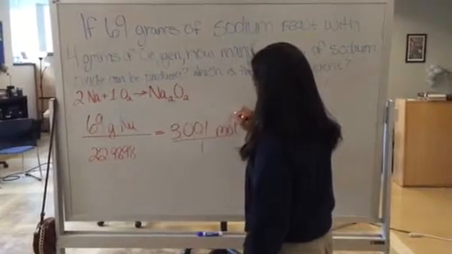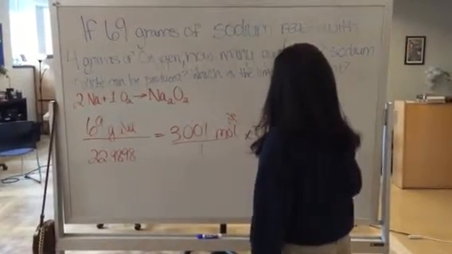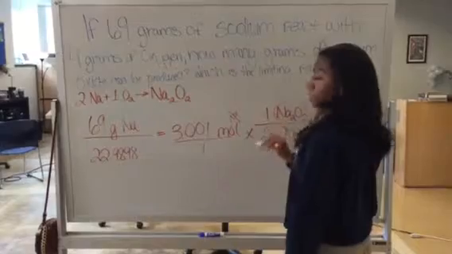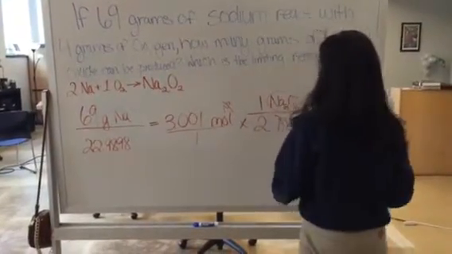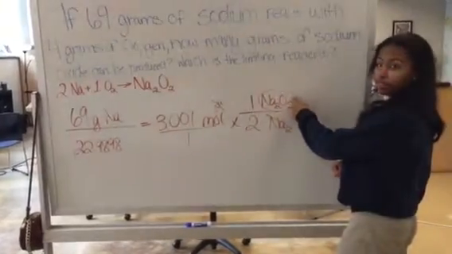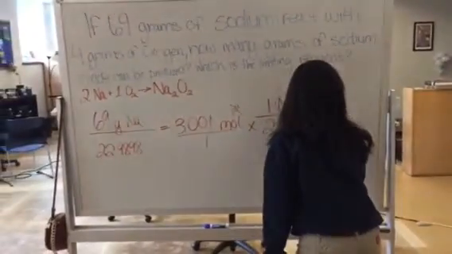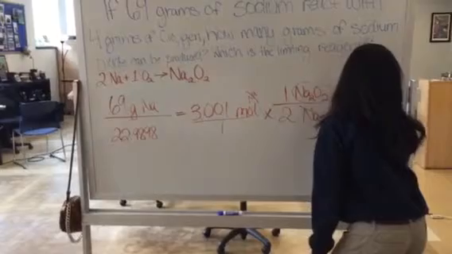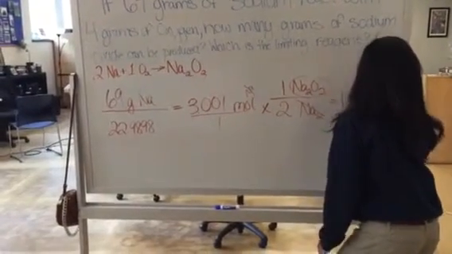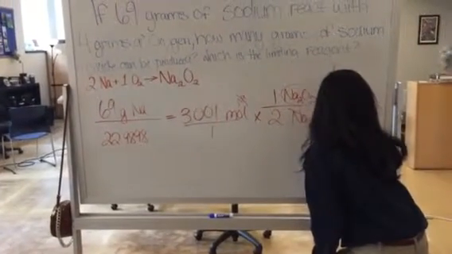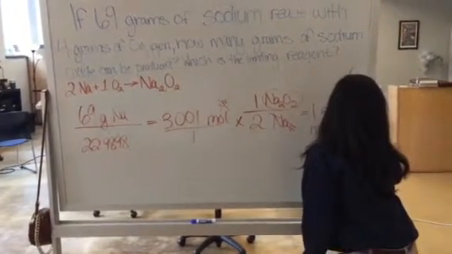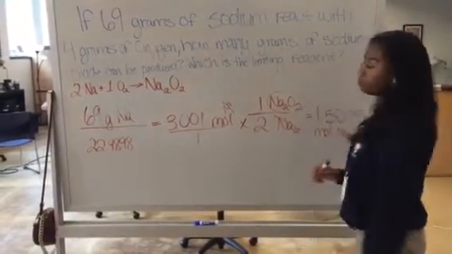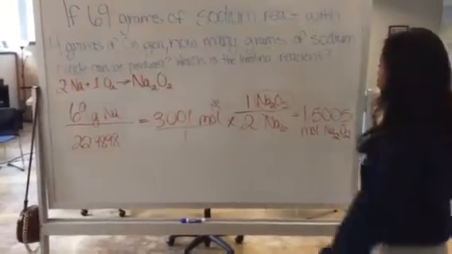This would be Na, so these two cancel out, and this is what you're trying to find. This is going to be our unit. You get 1.5005 moles of Na2O2.